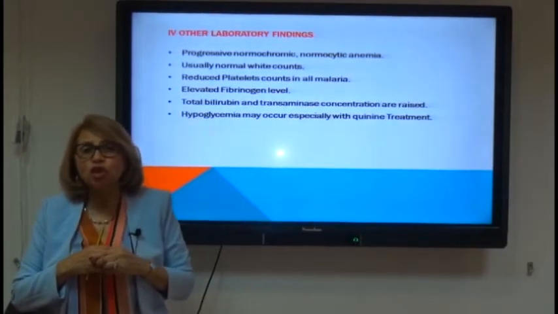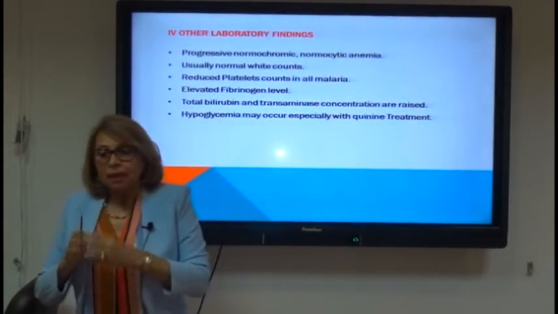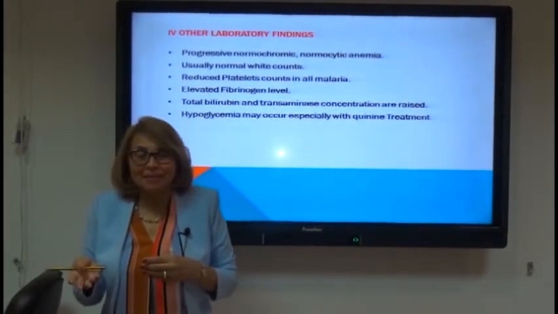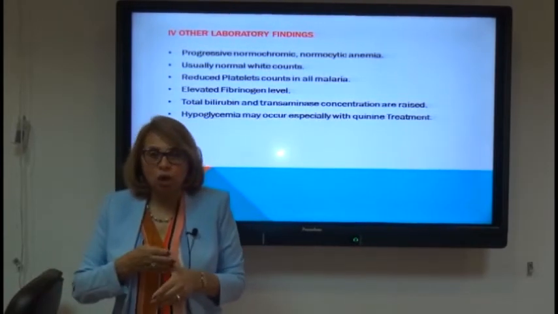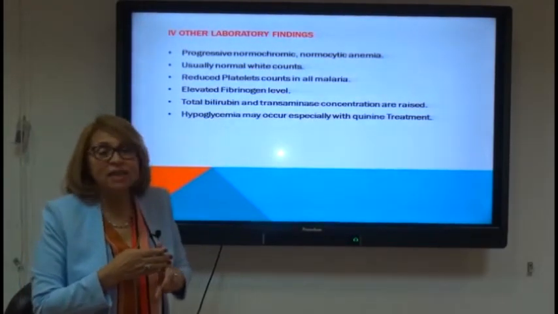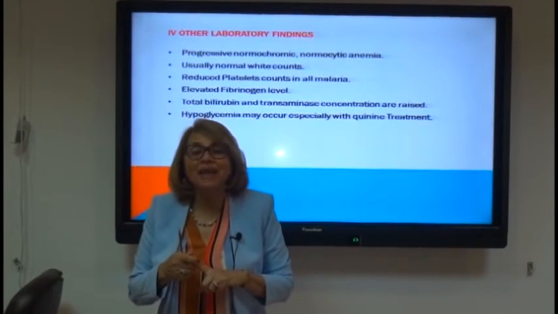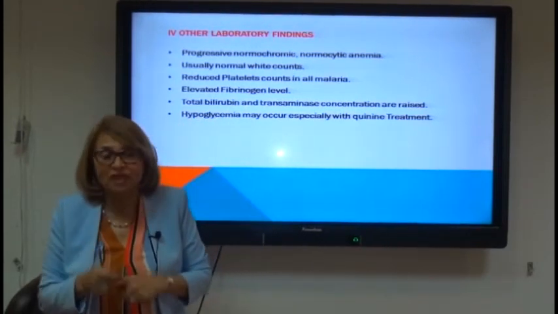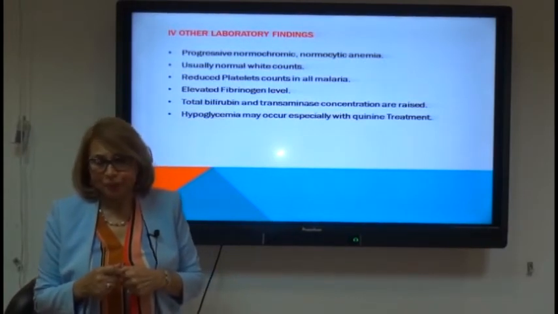The hepatic schizont contains thousands of merozoites, but the erythrocytic schizonts contain tens: 10, 20, 12, 16, and so on. The hepatic schizont doesn't contain pigment, because the parasite produces pigment in the red blood cell only. So it is present only in the erythrocytic schizont.